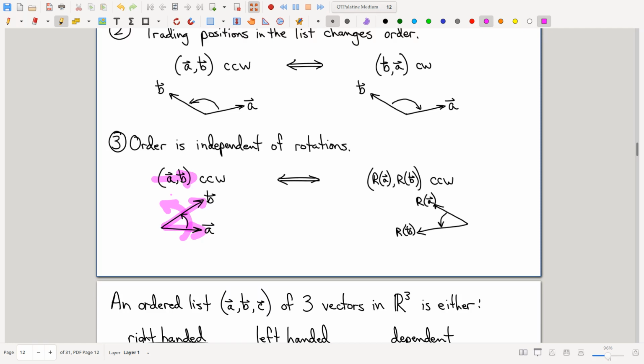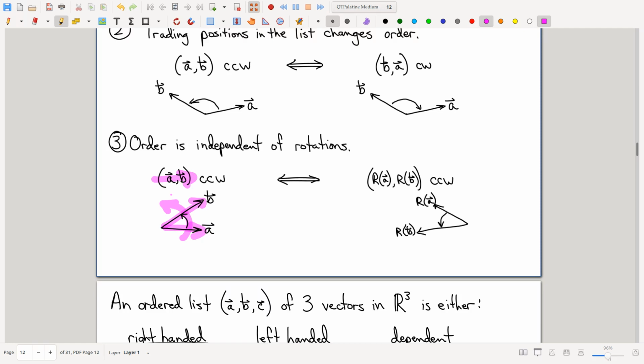Right? Rotating the whole picture doesn't change the picture. And my real world version of this is if you look at a clock, which I guess is behind everybody, you can see which way the minute hand goes. If you turn your head to the side, it's still going the same direction, right? Rotating everything doesn't really change anything.